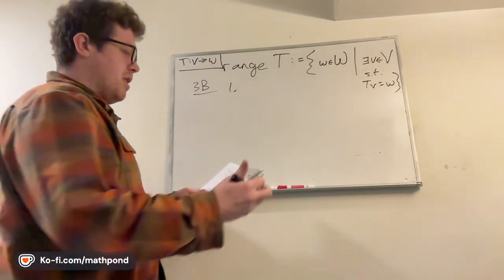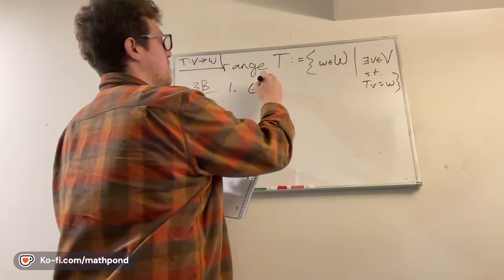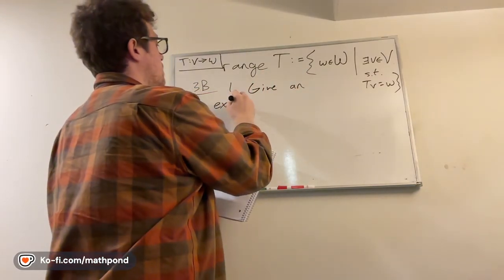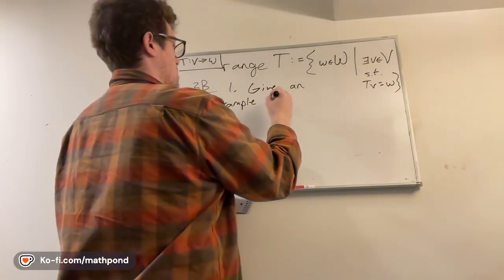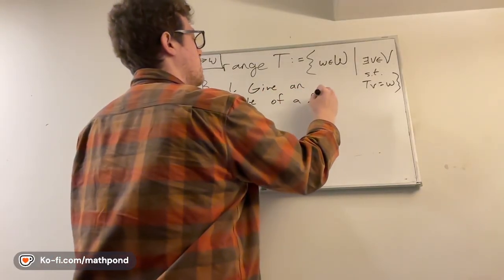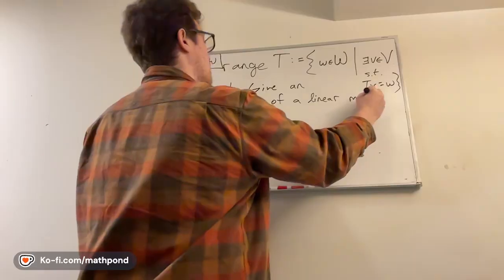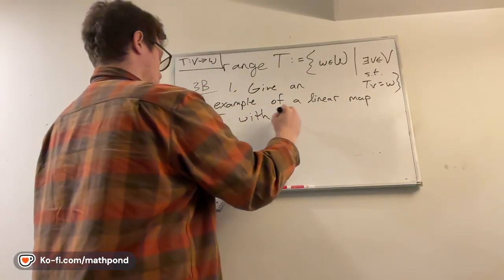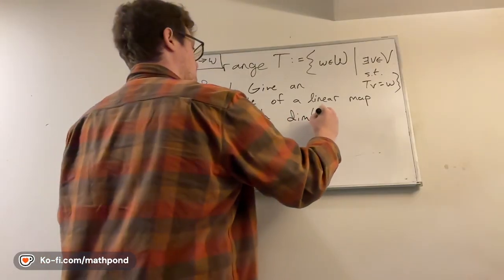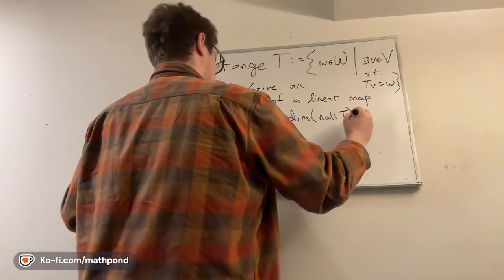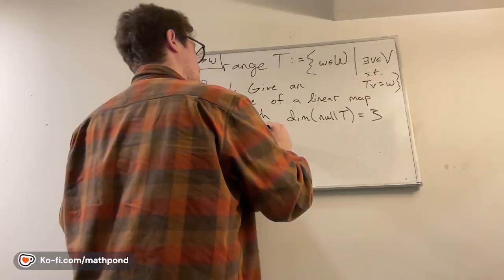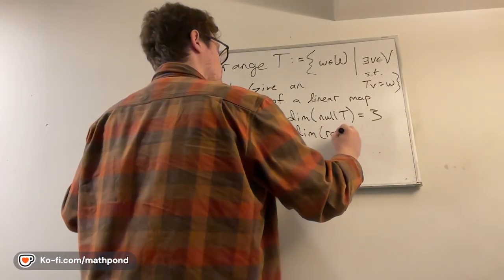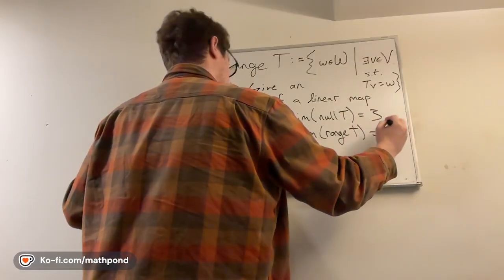So what we want to do is to give an example of a linear map T with the dimension of the null space equal to 3 and the dimension of the range equal to 2.